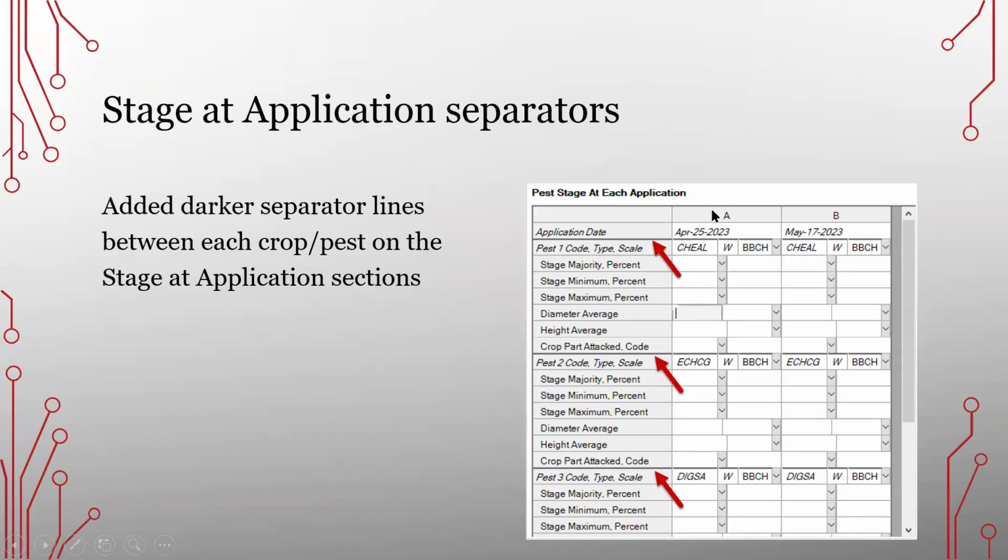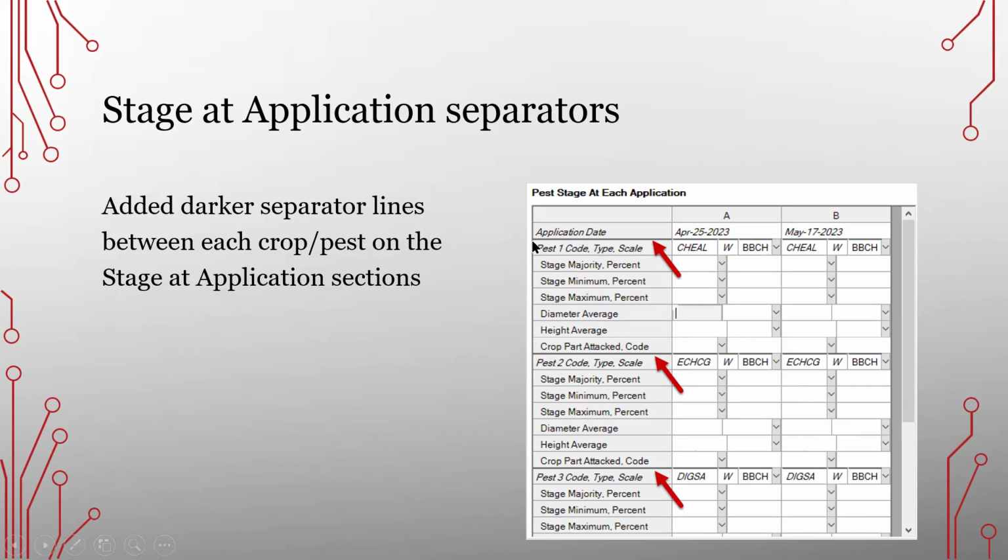You've got separate columns for your applications, and then within that, you also might have multiple pests or multiple crops if you're on the crop stage at application. And then you've got multiple things you can record for each of those pests.